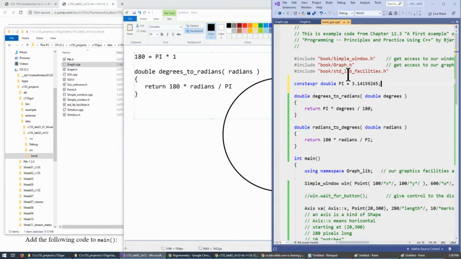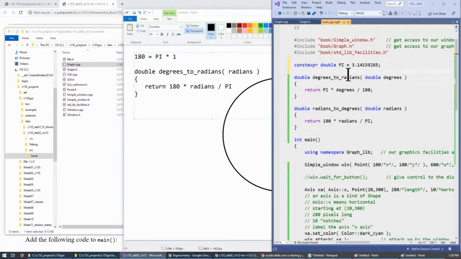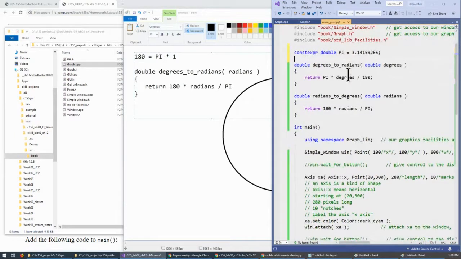Enough precision, I suppose. And so let's give it a try.